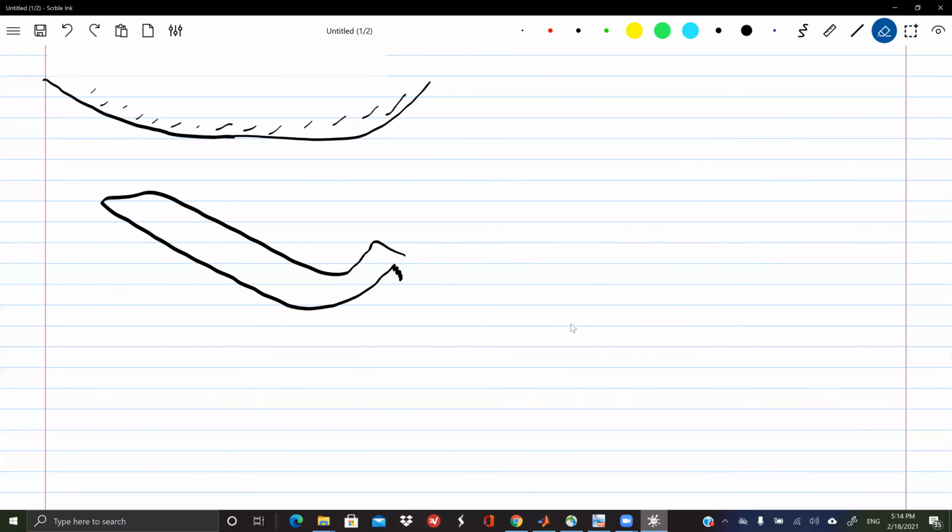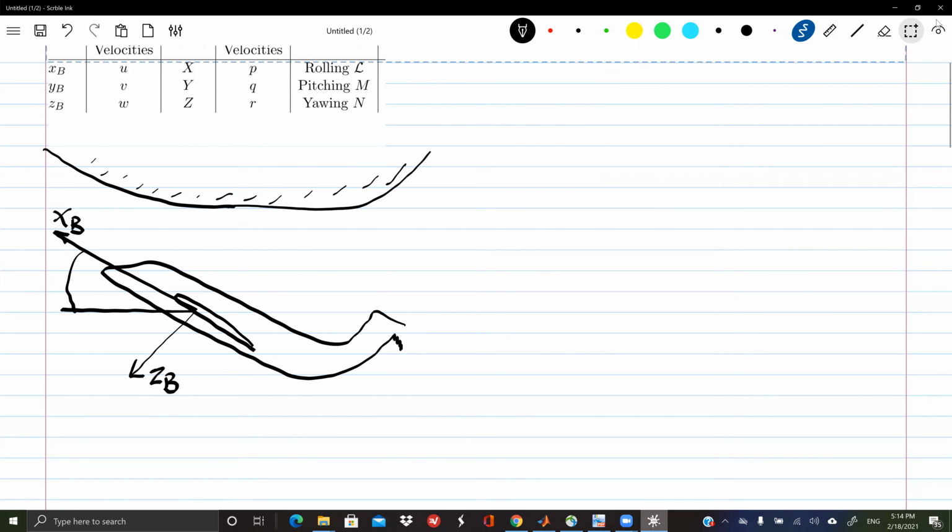Okay, and this is the wing. So this is X body. This is Z body. So can you tell me what angle is this?